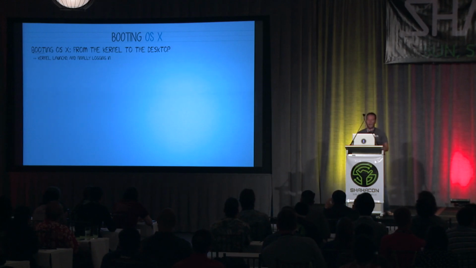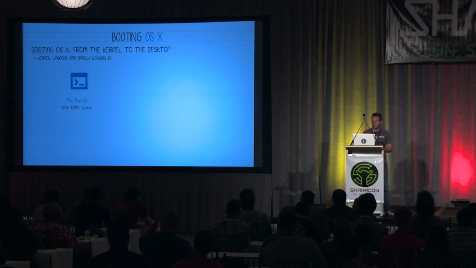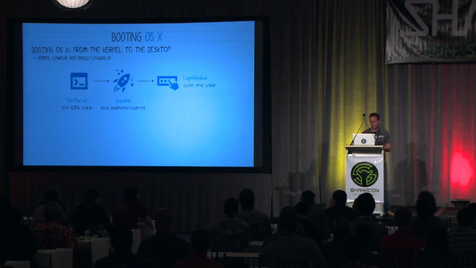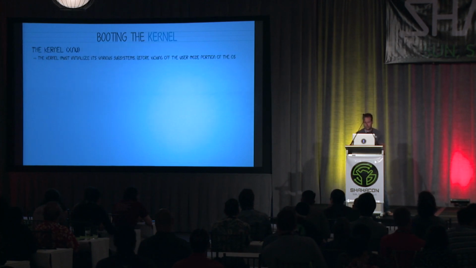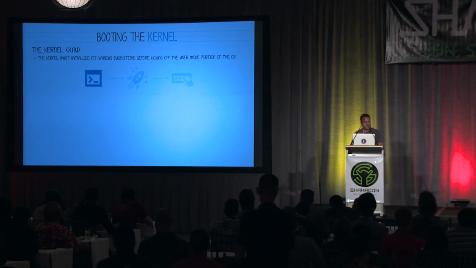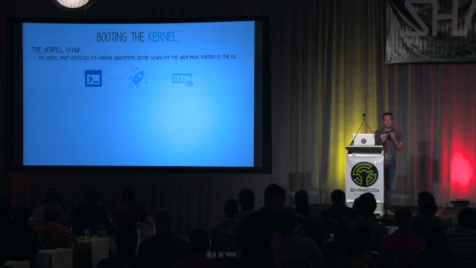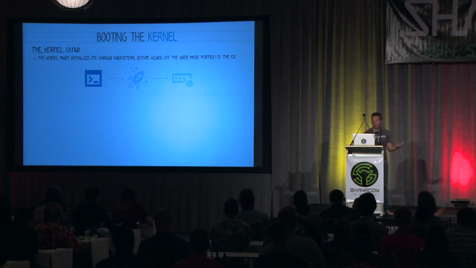So once the early boot process is complete, OS X begins to boot. This starts with the kernel, then launchd, then the login window, and finally the entire startup and boot process completes with the user's desktop being shown. I mentioned the kernel is the first component of OS X. The kernel is actually composed of various subsystems, so each of these has to be initialized in order.